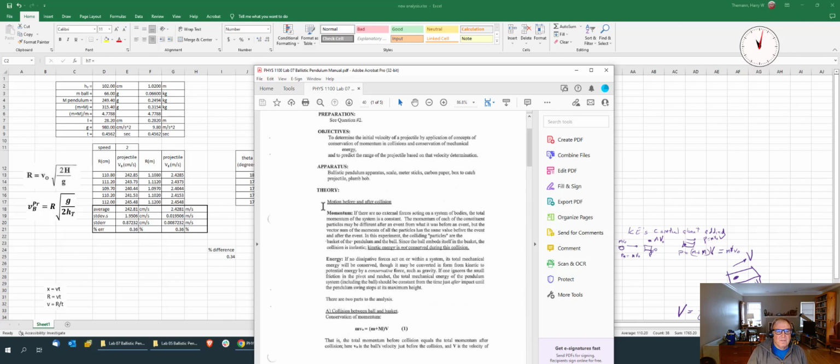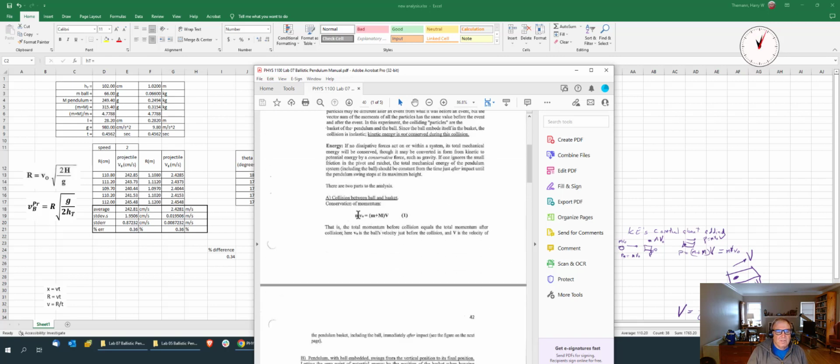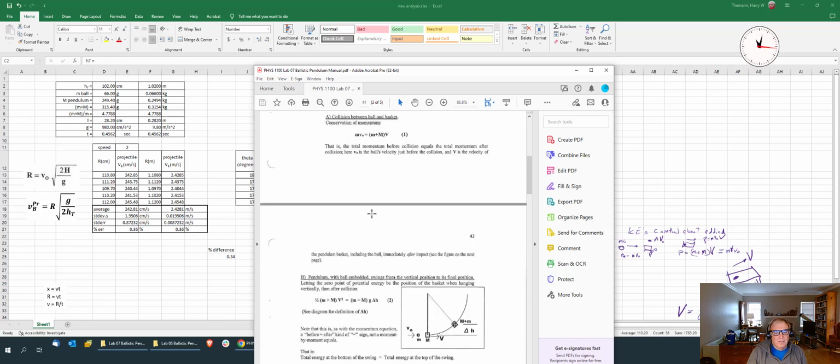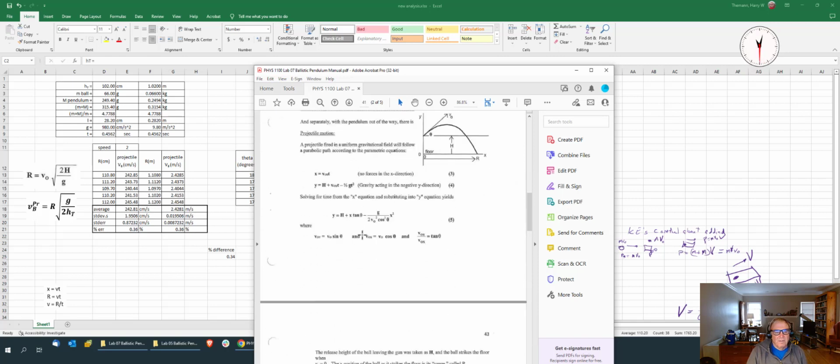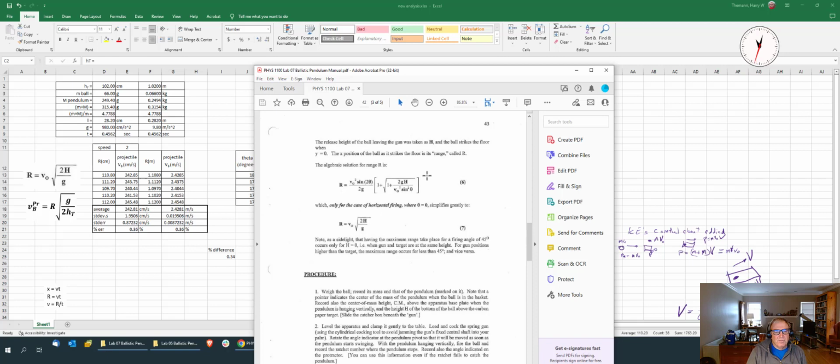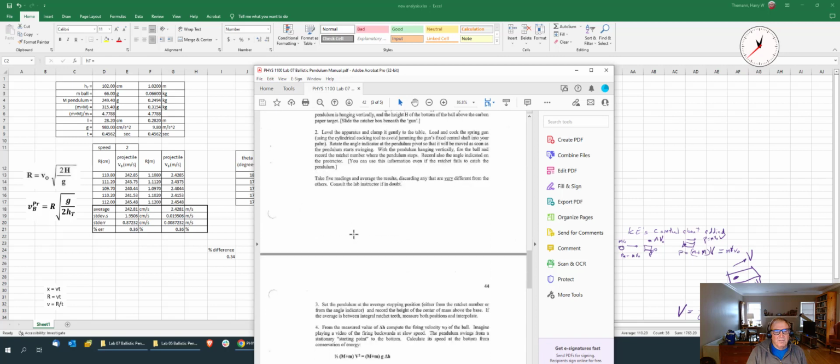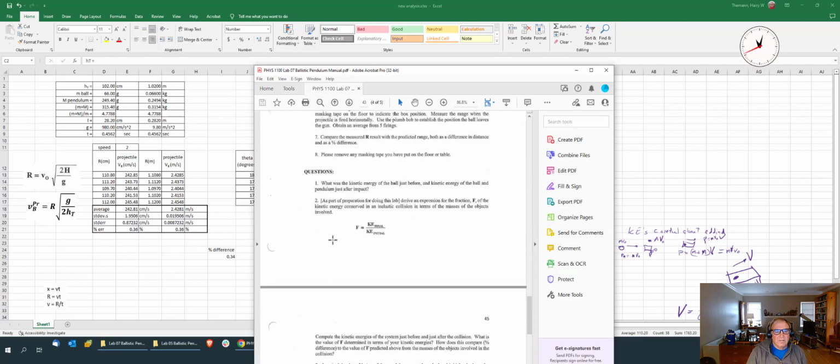In class I used V of the bullet instead of V sub 0, and V system instead of capital V. I stayed with little m and capital M. It is a little tricky making subscripts in Excel. I did stick with little delta h, and one other difference is the height of the table: the lab uses capital H, and I use little h sub t. You'll forgive me, I should have checked this beforehand.